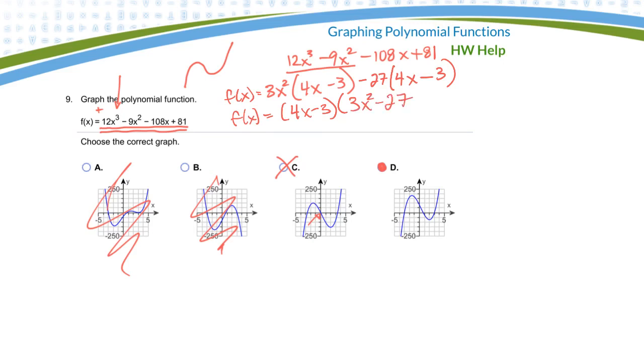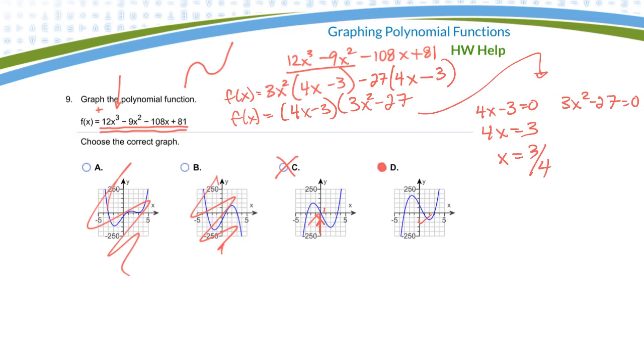Let's continue over here. So I have 4x minus 3 equals 0, or 3x squared minus 27 is equal to 0. Add 3 to both sides, divide both sides by 4, I get 3/4. So is there an x-intercept of 3/4? I don't think on this one. 3/4 would be over there somewhere.